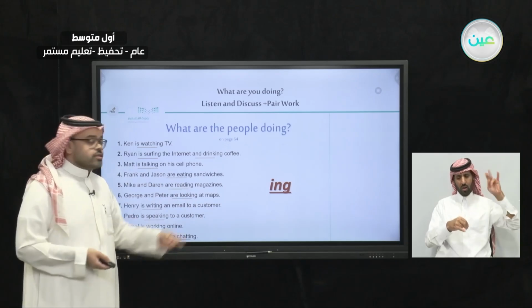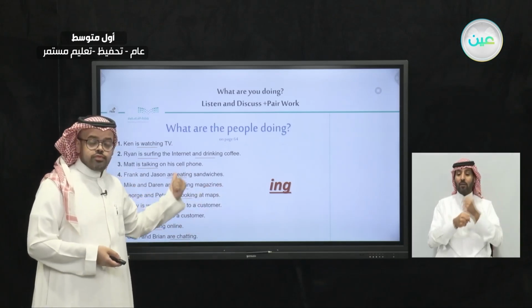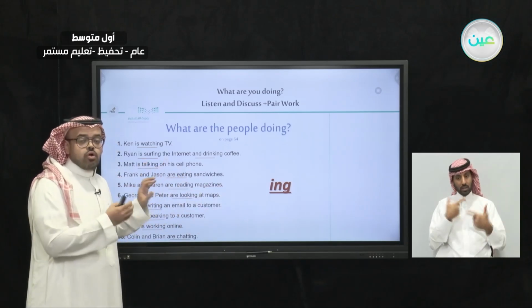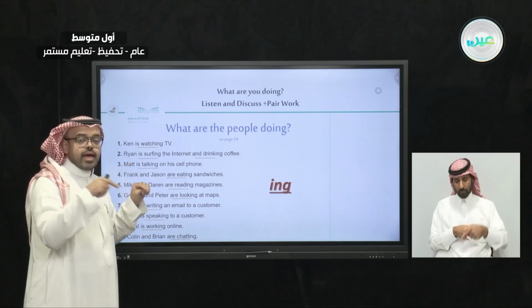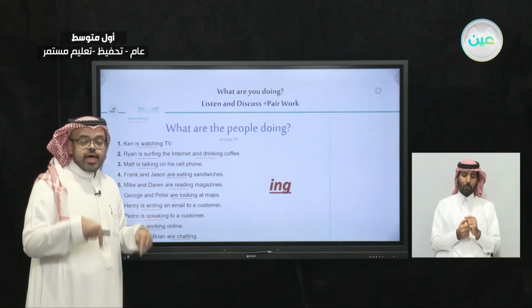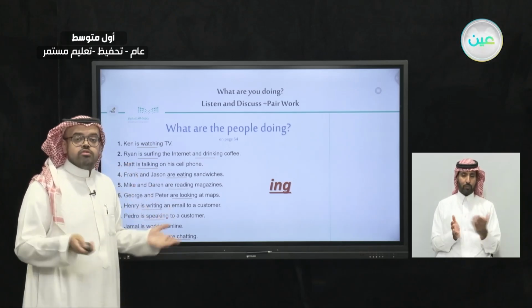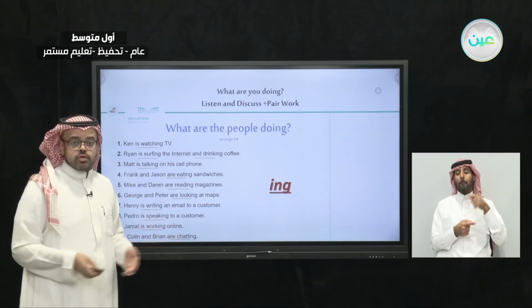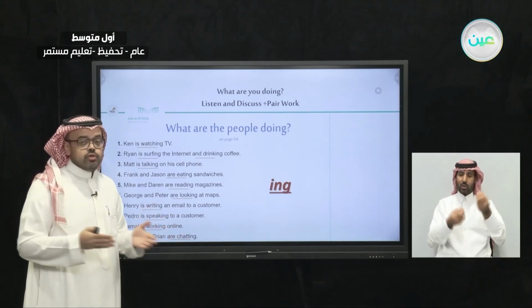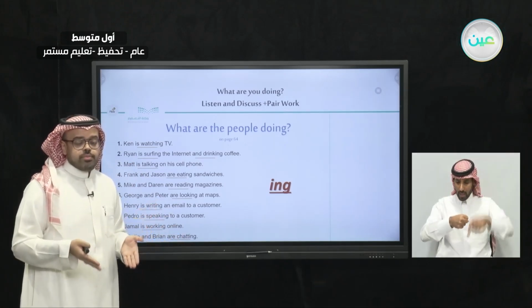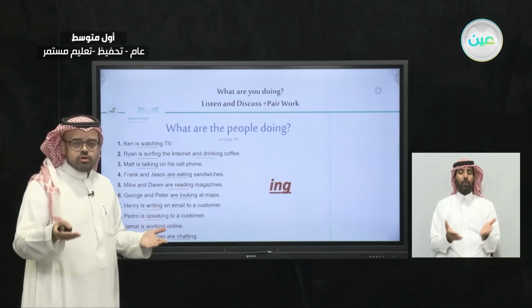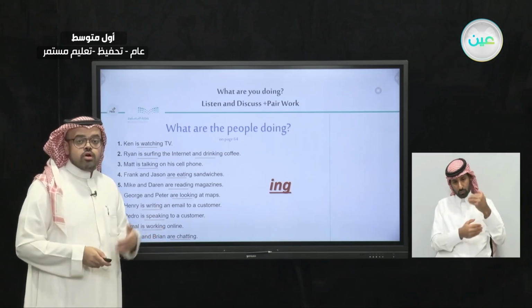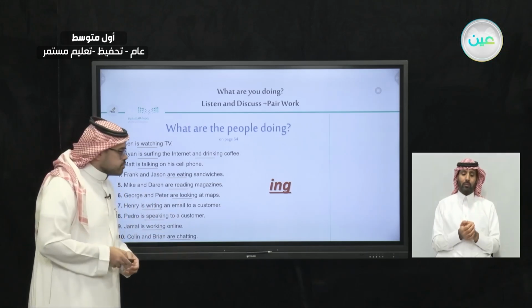So we add ing to the verb if the action is happening at this moment. We call this the present progressive, which is to add ing to a verb if the action is happening now. And we will learn more about the present progressive in the upcoming lesson.